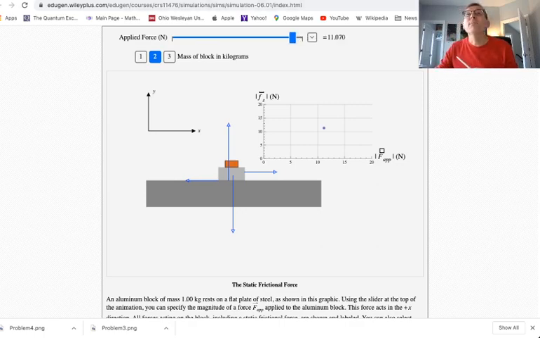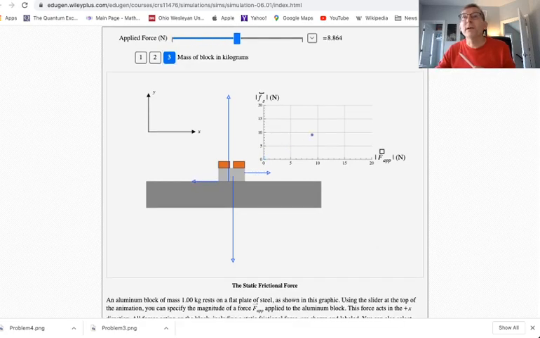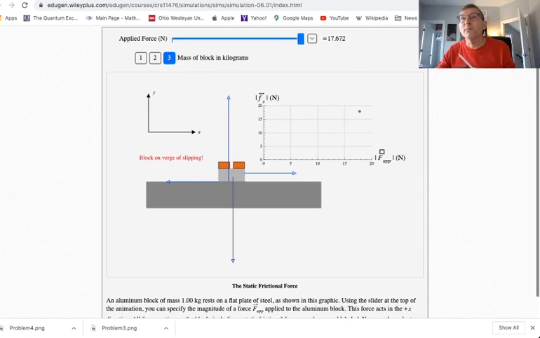Now let's take away the applied force, and now let's triple the mass of the block compared to the initial value. And applied force, bigger, bigger, bigger. Now we're on the verge of slipping, okay? And now we have to go up to 17.67 newtons.